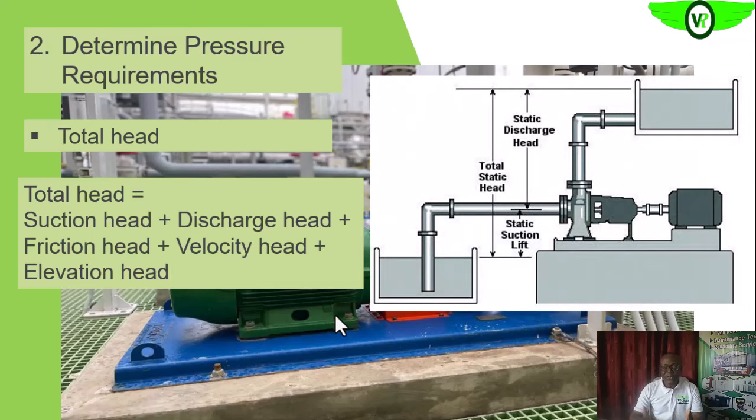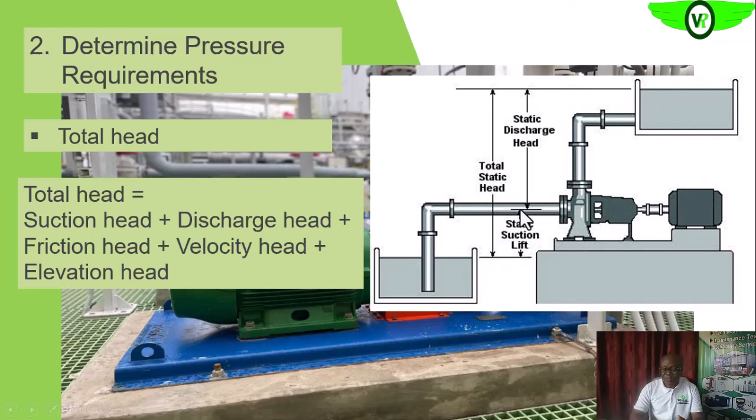Let's assume that our system is just as depicted here. We are lifting from a sump to an overhead tank as an example. So the total head is the pressure that you need to overcome, which will be exerted by this height from your suction to your discharge.